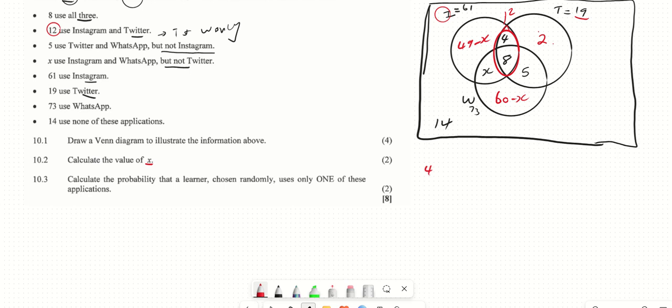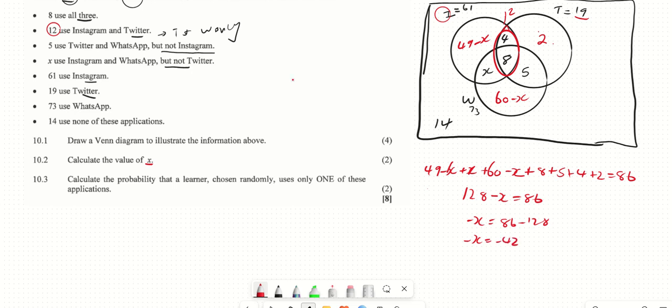So 49 minus x plus 60 minus x plus 8 plus 5 plus 4 plus 2 should give us 86. So 49 plus 60 plus 8 plus 5 plus 4 plus 2 is 128, minus 2x equals 86. Then 2x is 128 minus 86, which is 42, so x equals 21.